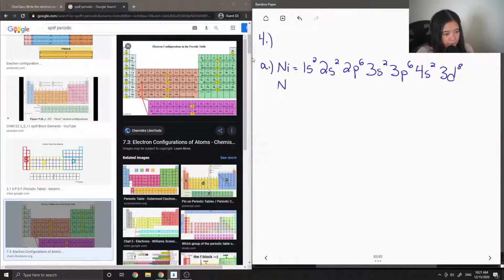The question asks for nickel 2+. And typically we would take electrons from the last orbital. But for this case, we will be taking the 2 electrons from 4s2. And this is because partially filled d orbitals are more stable.